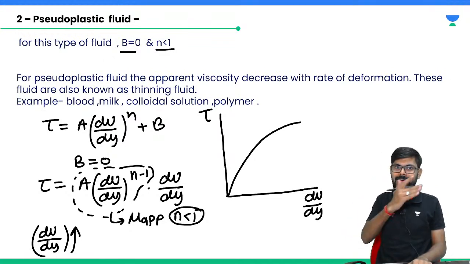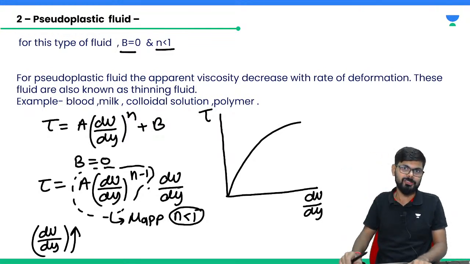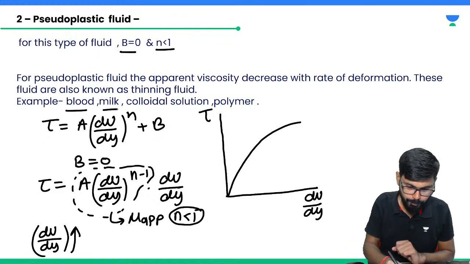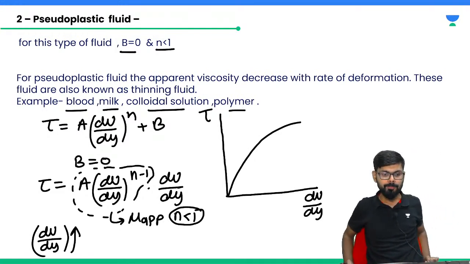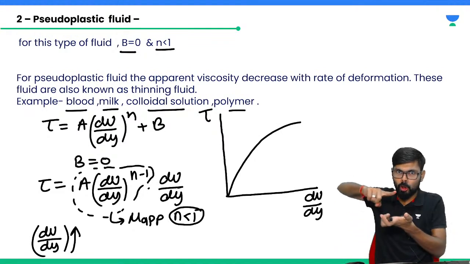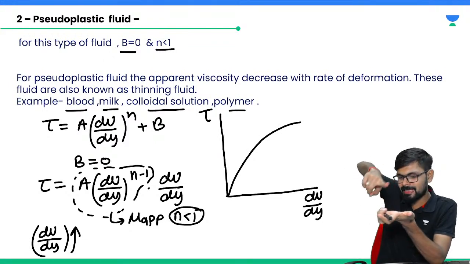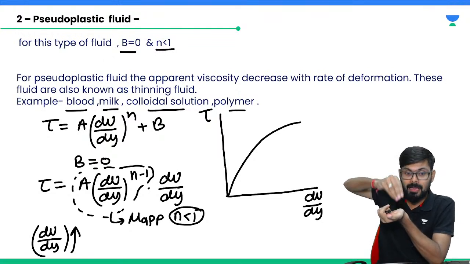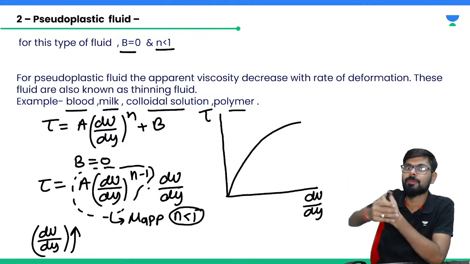Now here you can see that as du by dy is increasing, the slope is decreasing. Now the example is blood, milk, colloidal solution, polymer solution. In the case of blood, if you are applying more force, or more du by dy, then comparatively less resistance will be there.